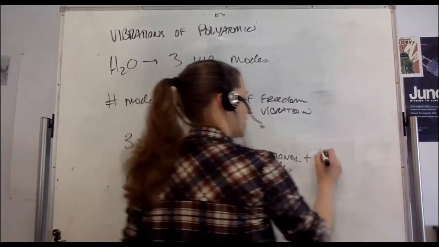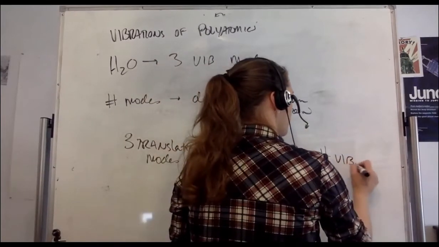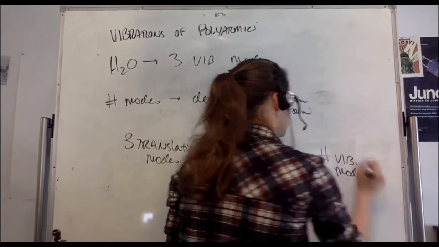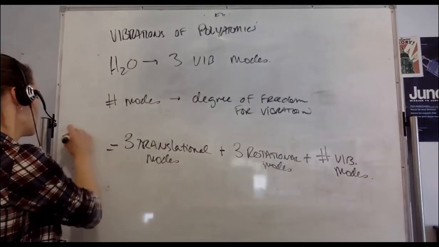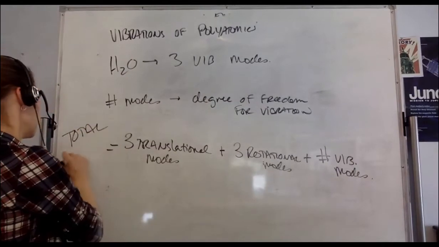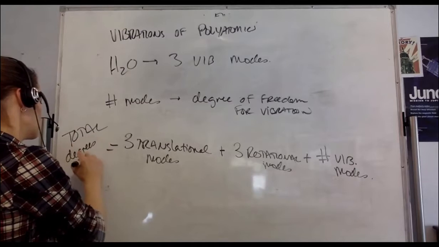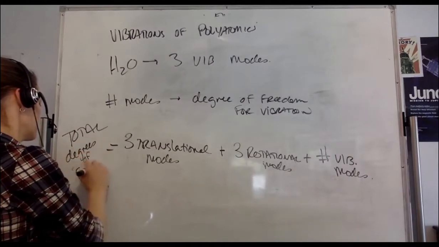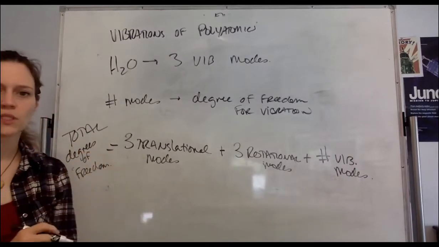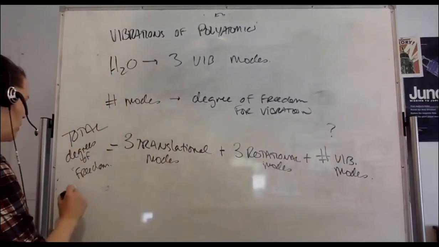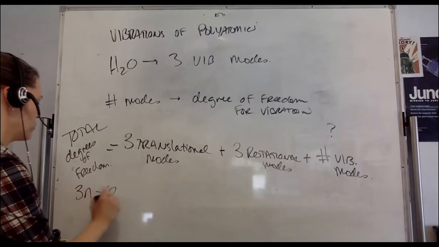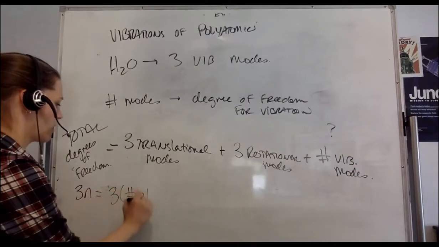Then there's going to be the number of vibrational modes. When you add all of those together, you get the total degrees of freedom, which we know is equal to 3N, which is 3 times the number of atoms.